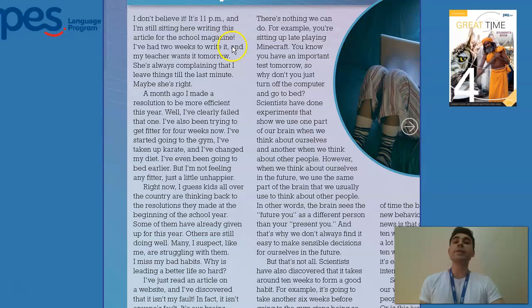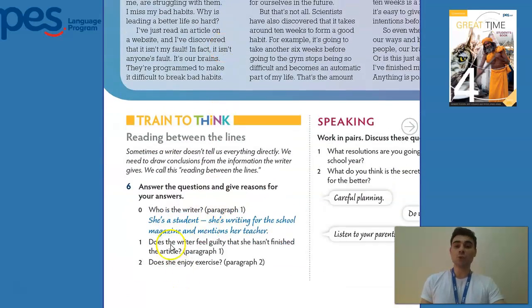So just school magazine doesn't give us this answer, but she uses this pronoun here, which is my teacher. So it means that she's not the teacher, but a student.